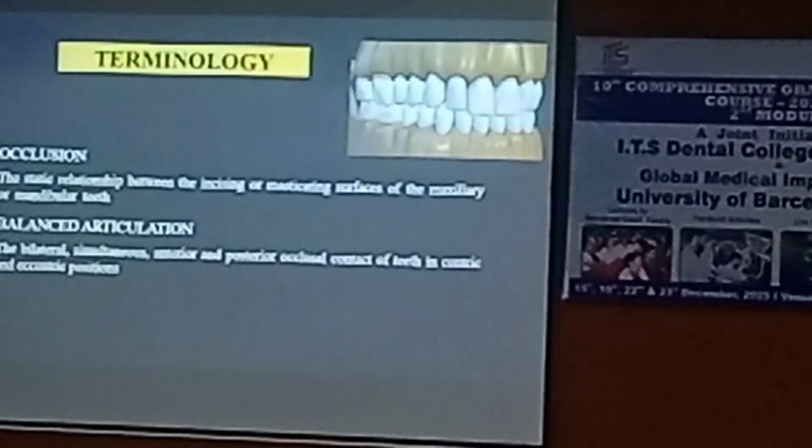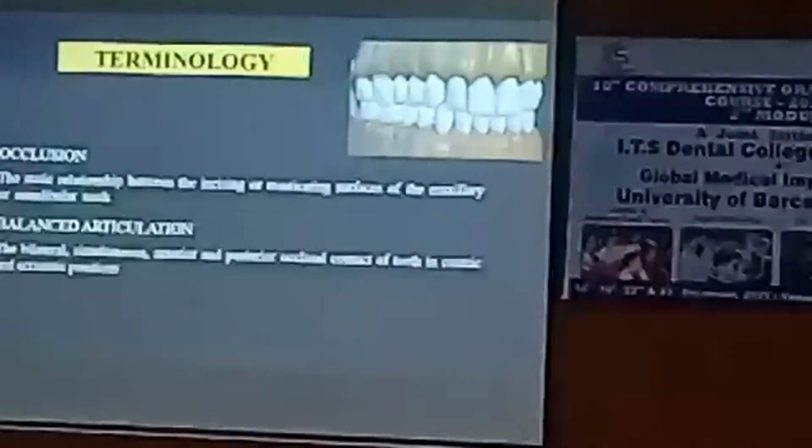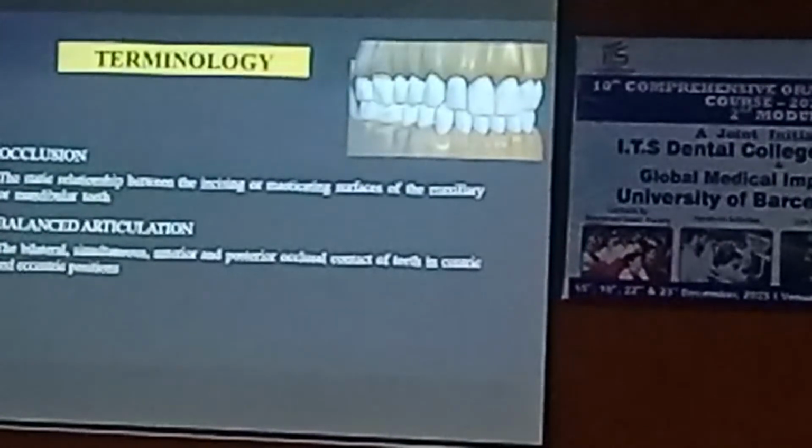These are 2 words we are very much familiar with, occlusion versus articulation. Occlusion is a static relationship between the maxillary and the mandibular teeth. And the articulation, we say, is a dynamic concept, where the relationship of maxillary and mandibular teeth in each and every position, right from your centric intercuspal position to any excursive position, whether it is protrusive or lateral. Right?